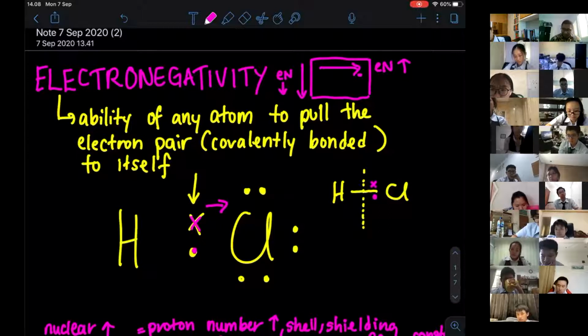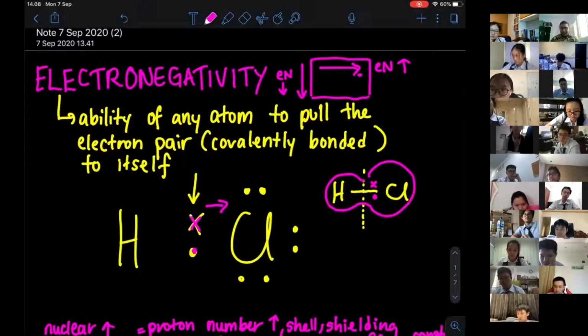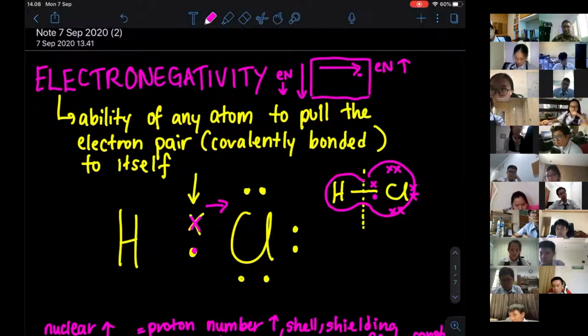Now, if I put it in form of molecule, what happens here is I will have most of my electrons towards my right hand side. When there are more electrons towards the right hand side, the charge is going to be not so symmetrically distributed.